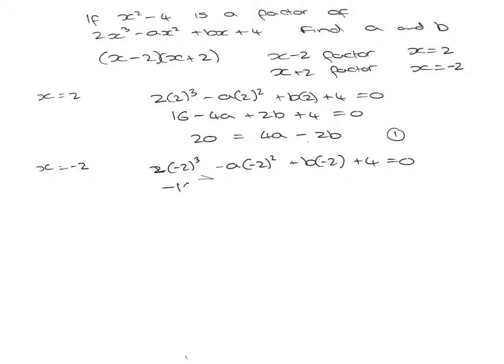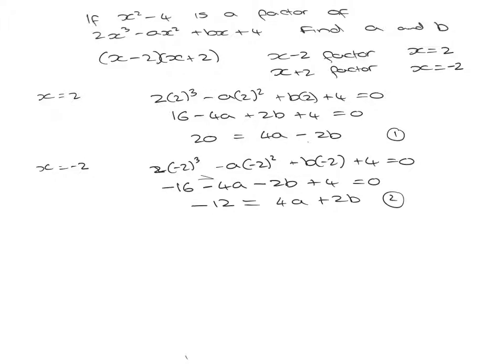So negative 16 minus 4a minus 2b plus 4 equals 0. So here, negative 16 plus 4 is negative 12 is equal to 4a plus 2b, and we'll call that equation 2.